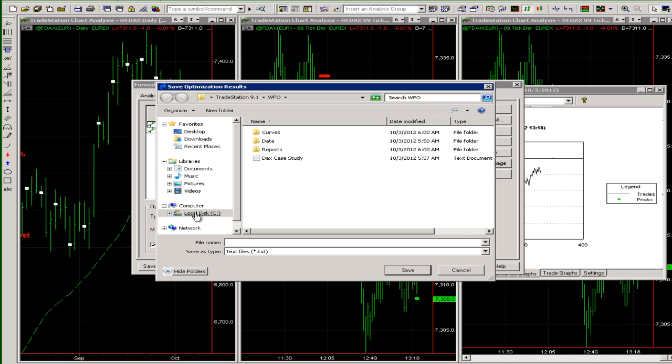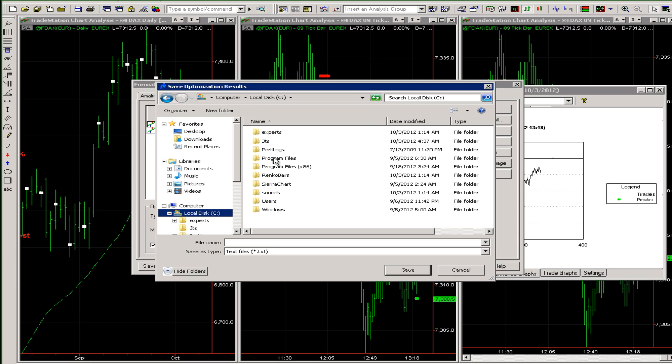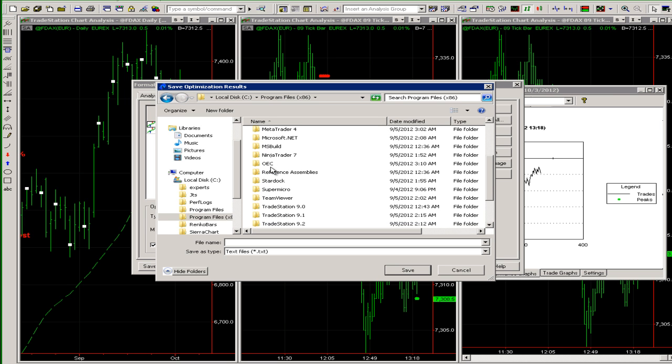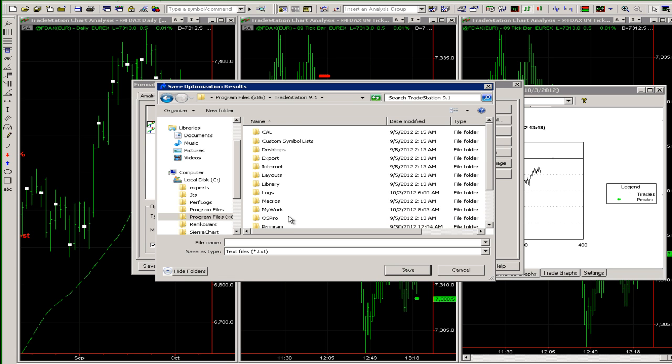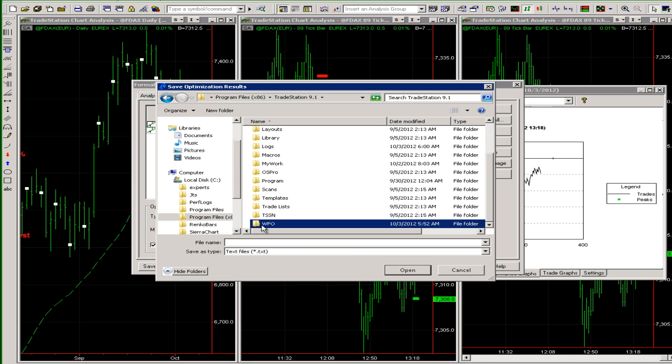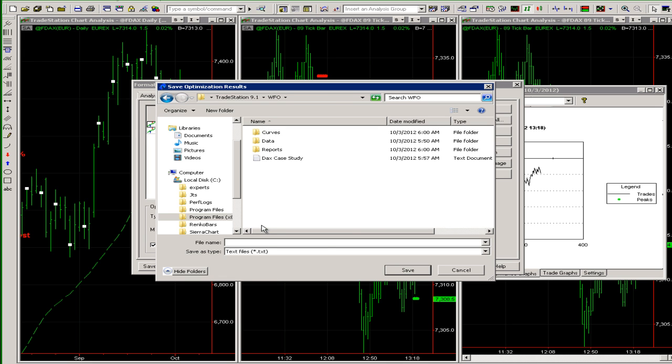So click on your C drive, and you'll see that you've got your program files. You go into where your TradeStation is typically stored, in your C drive, go to TradeStation 9.1, and then click into the WFO, the walk forward optimization folder, and that data needs to be saved in there.